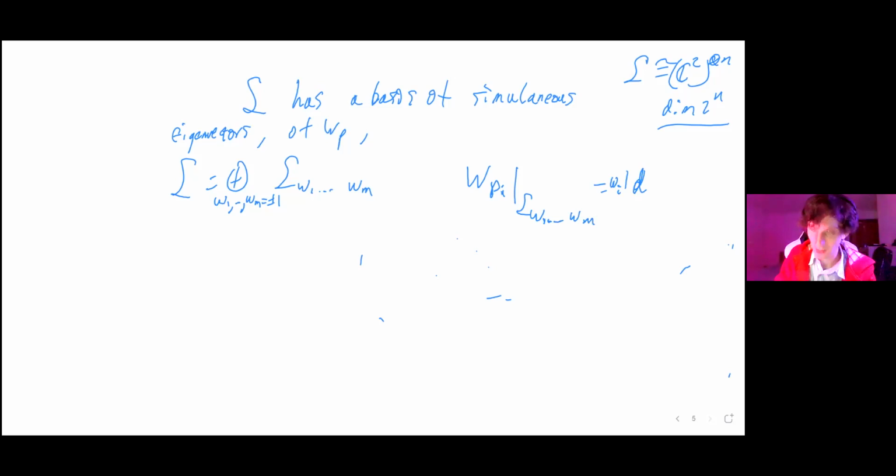Well, W1 times the identity, because I said W1, but each one of these acts as an eigenvalue on these.